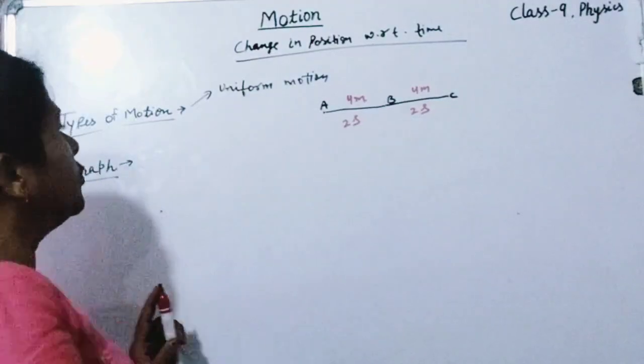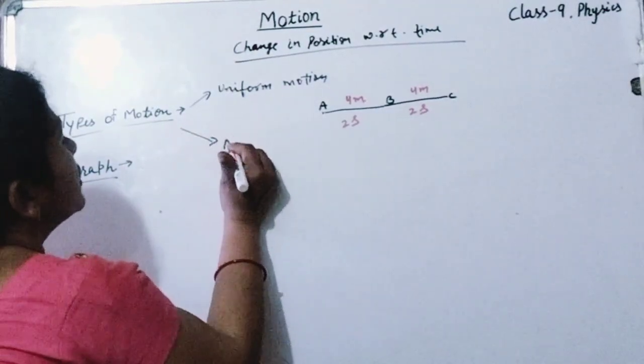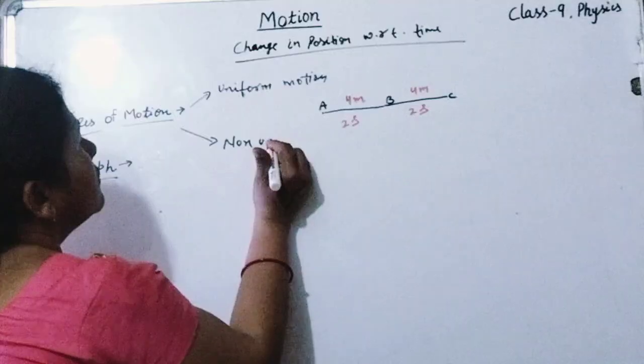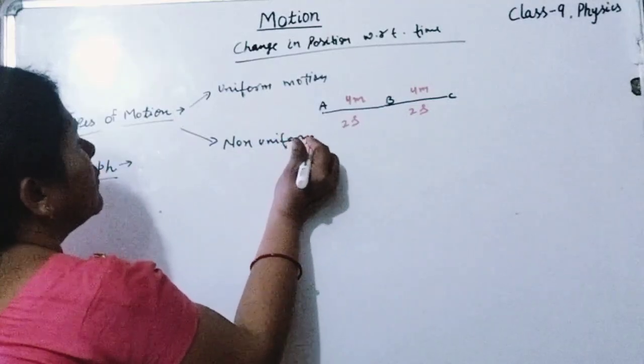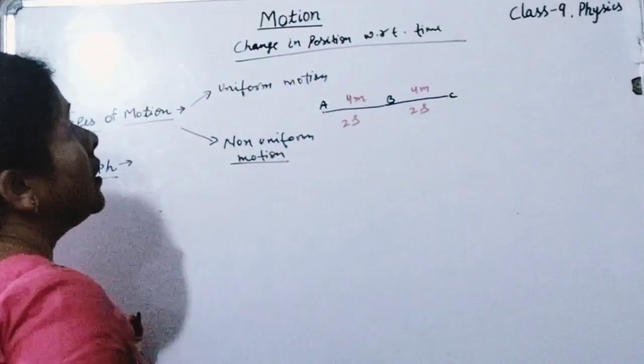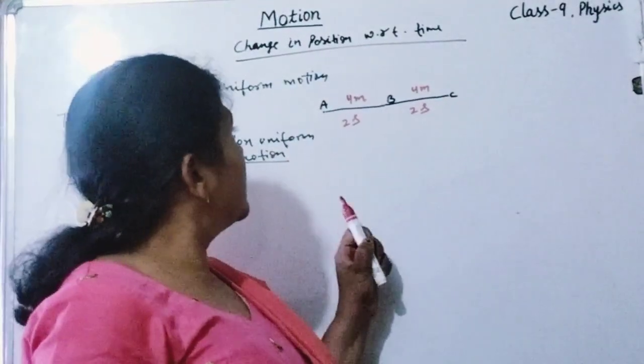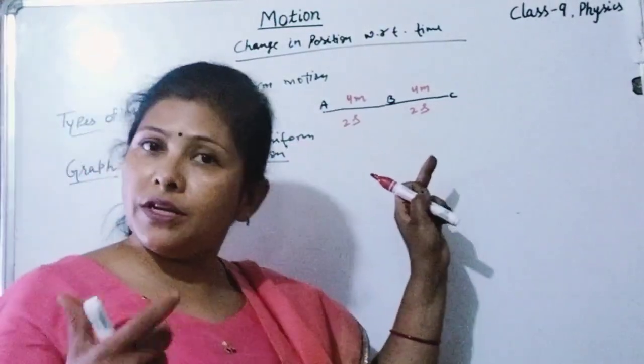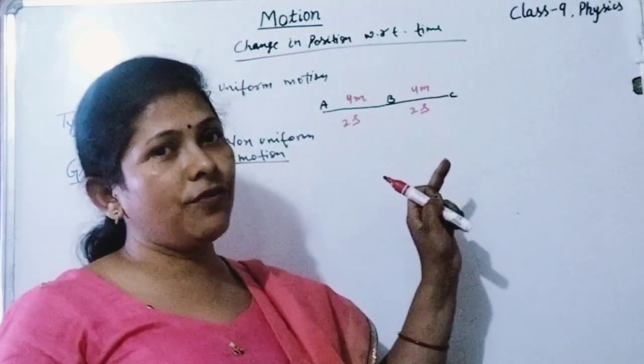And the second type of motion is non-uniform motion. You can understand, in uniform motion objects cover equal distance in equal interval of time.